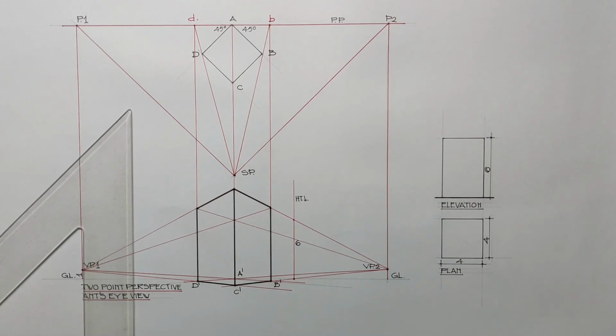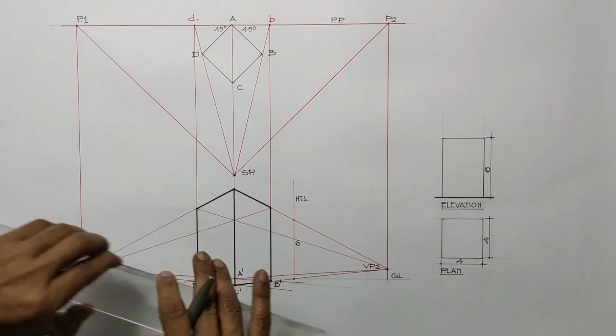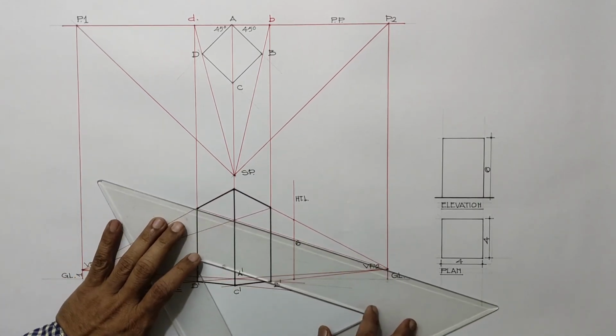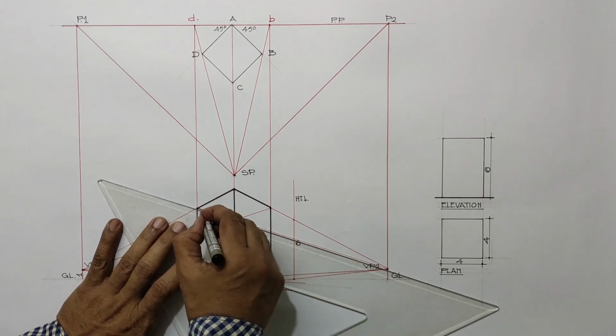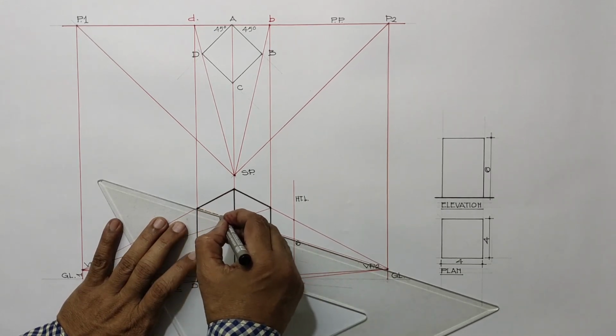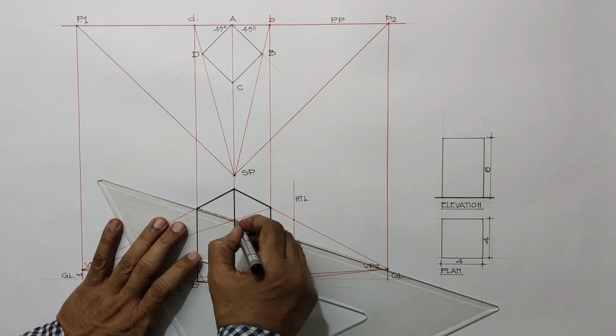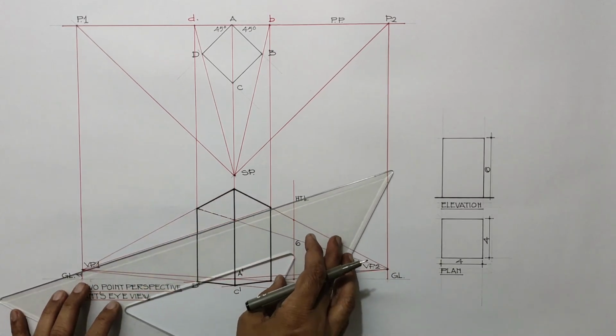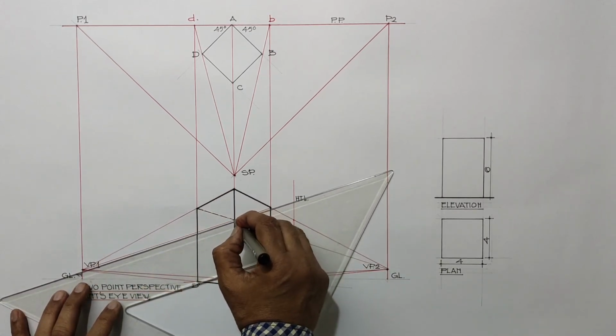Here, I want to do the hidden lines also. We need to use a thinner pen and use dashed lines, not continuous lines, because they are hidden edges and they are behind.